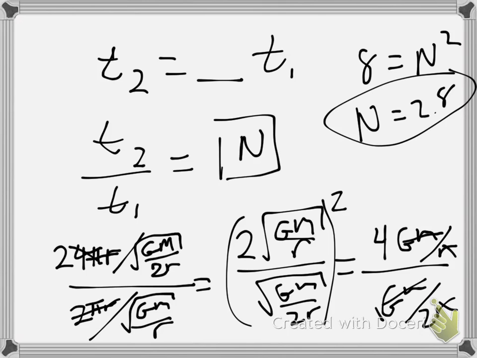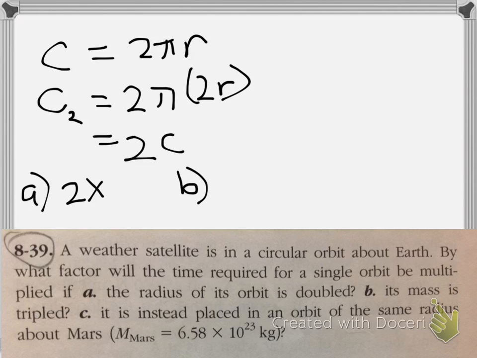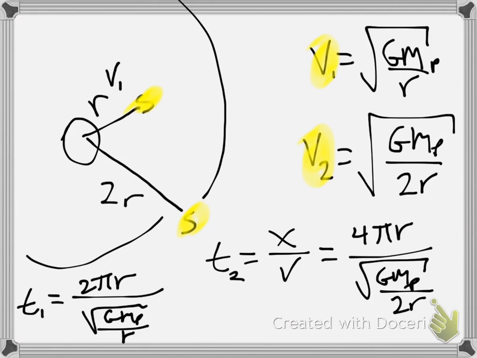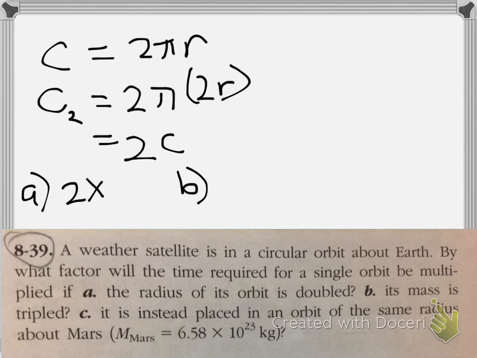Okay, then if we go to the second part, its mass is tripled. Look at that equation, V1. Does that have the mass of the satellite in it? No. So, boom, no effect. And then for C, it is instead placed in an orbit of the same radius about Mars.